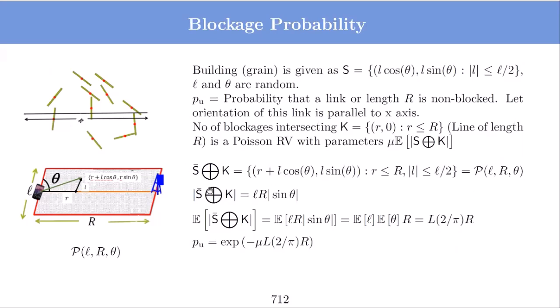Here I have not particularly kept attention on S bar and S, because if the orientation is uniform, you can take either S or S bar and you will get the same result.